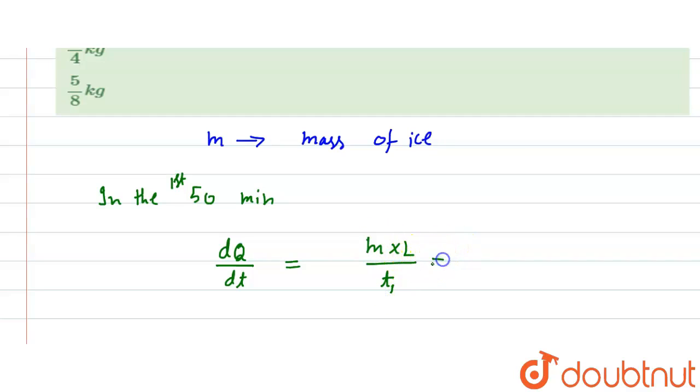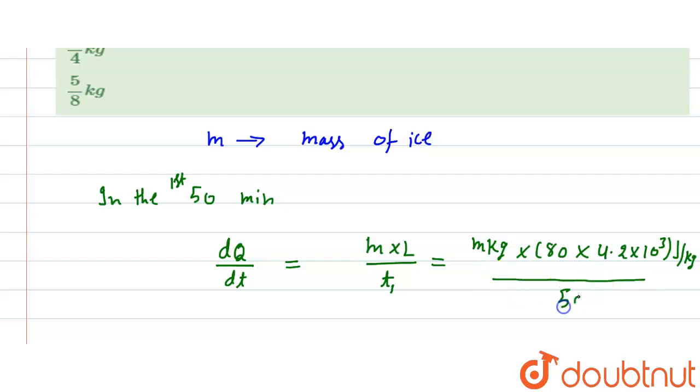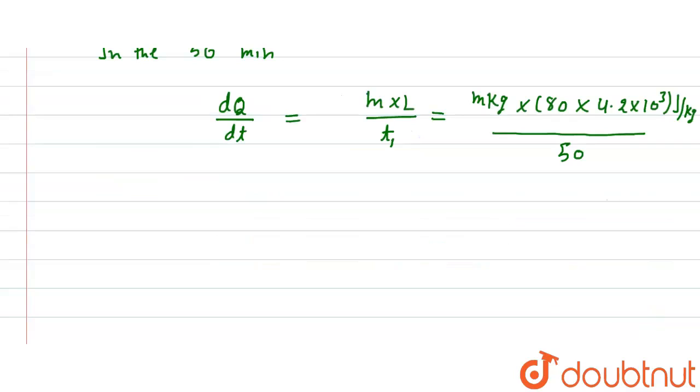Now we put the values, with m taken in kg: m kg into latent heat 80 into the specific heat of water 4.2 into 10 raised to power 3 joule per kg, upon time 50 minutes. Take this as equation 1.